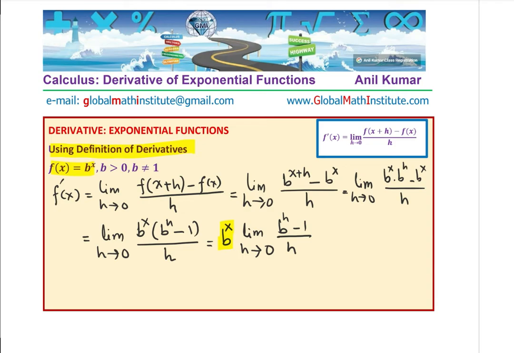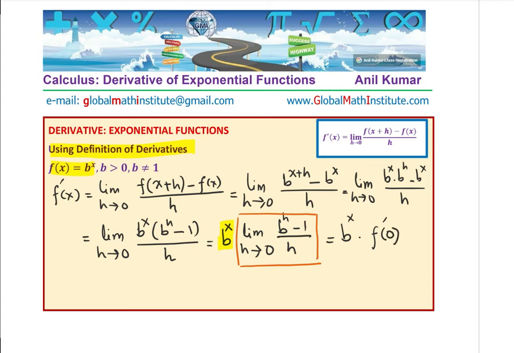Now the critical part of this derivative is to understand what is this limit, b to the power of h minus 1 over h, when h approaches 0? In the books, you all have seen what this is, and it's very clearly written as b to the power of x times this limit, which is the derivative of f at 0.